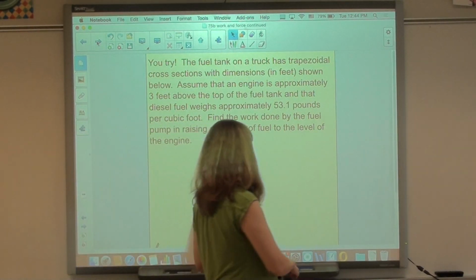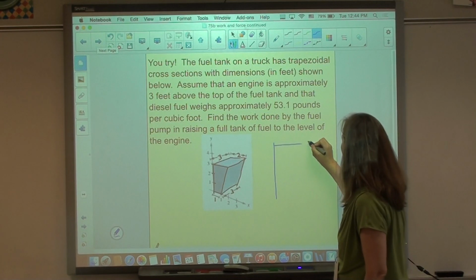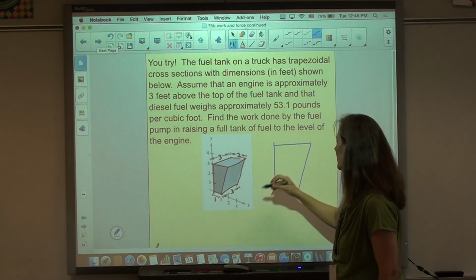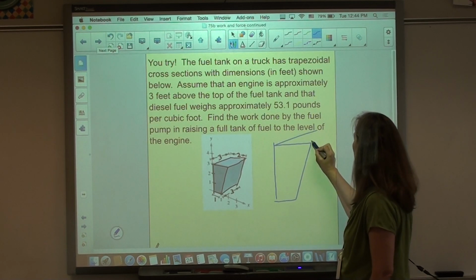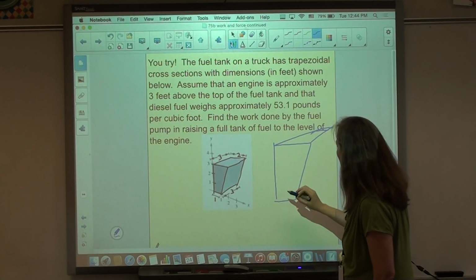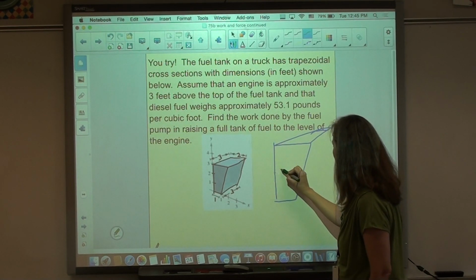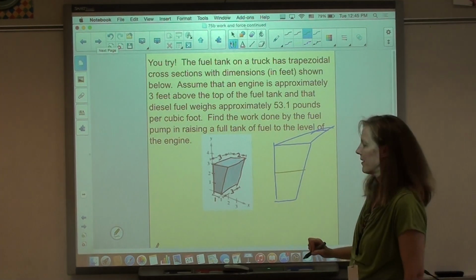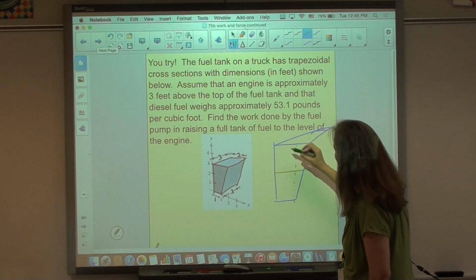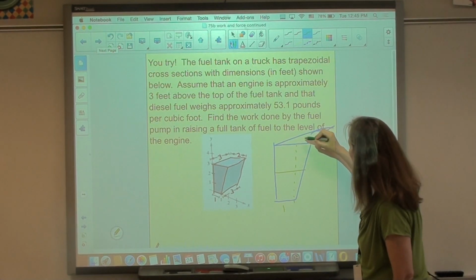Now I'm going to draw this sideways for a minute. So that's this side right here, because the rectangles are going this way. We need to find this distance in terms of y. I'll even give you a hint. From here, this has a length of 1, and that stays consistent all the way through.